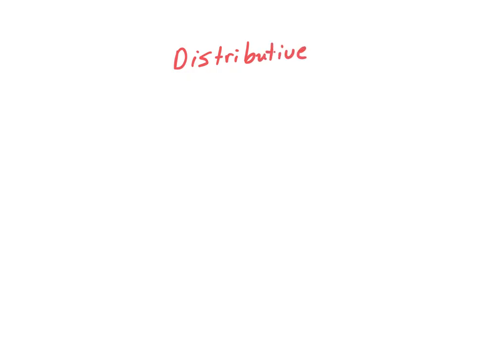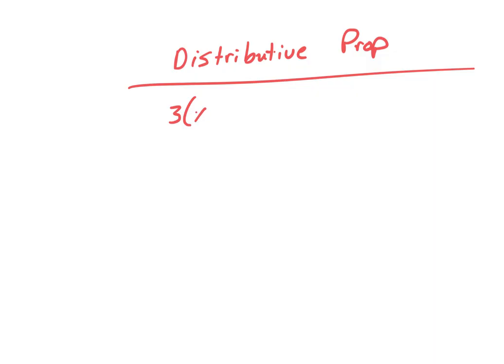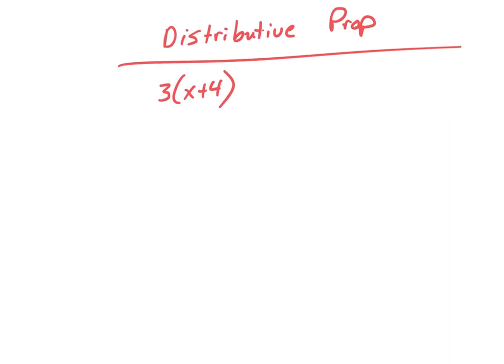We talked about the distributive property earlier in the chapter. We're going to look at some examples of the distributive property here where we can use it. When we did it earlier in the chapter, we were just really doing it with all numbers.